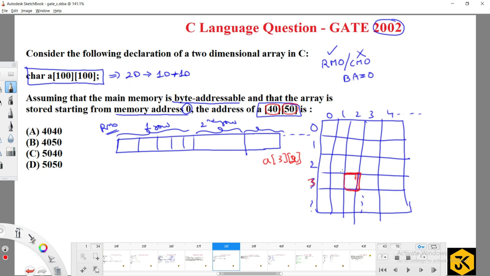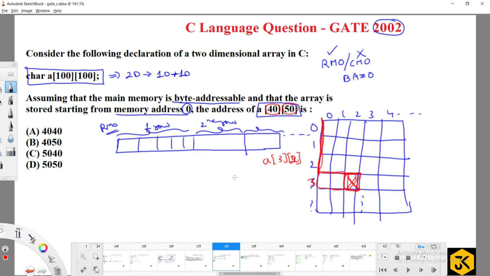If I would like to go to this particular location, first I have to cross 3 rows, and then I have to cross 2 columns. Am I right? I have to cross 3 rows, then 2 columns, and only then will I get this address.